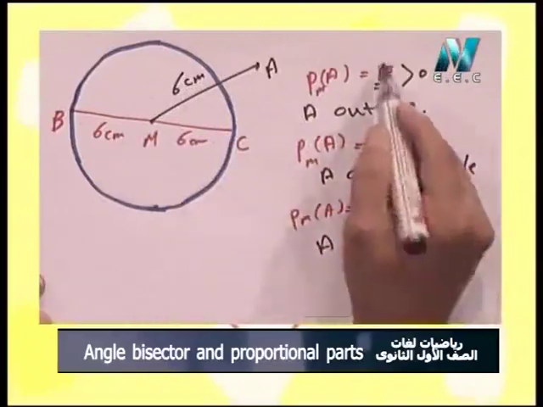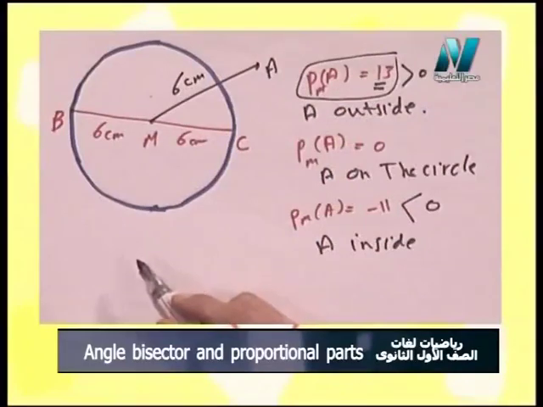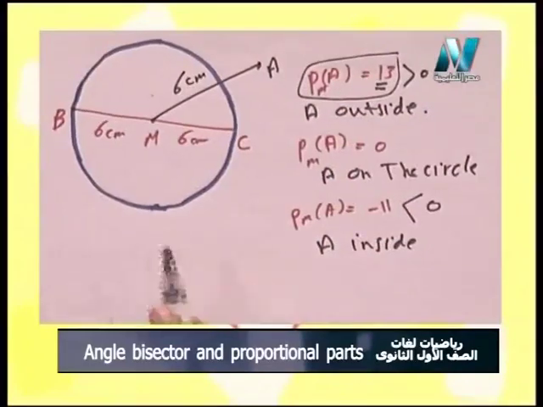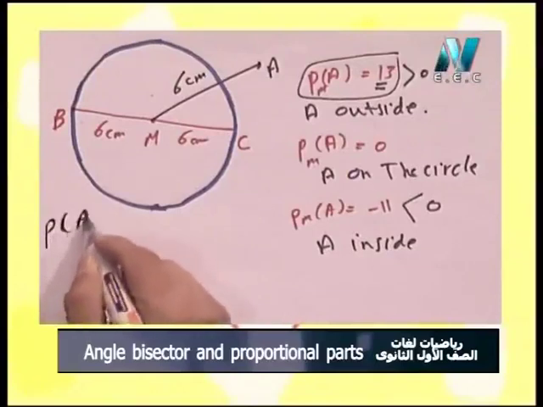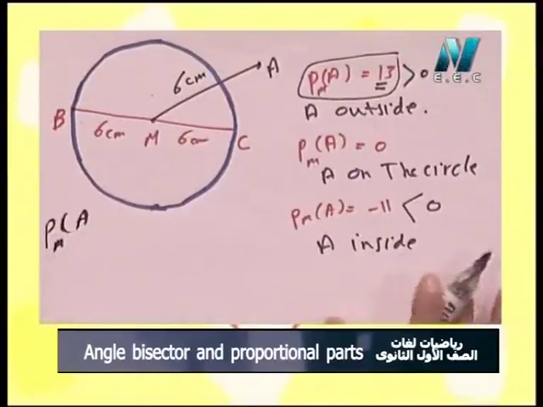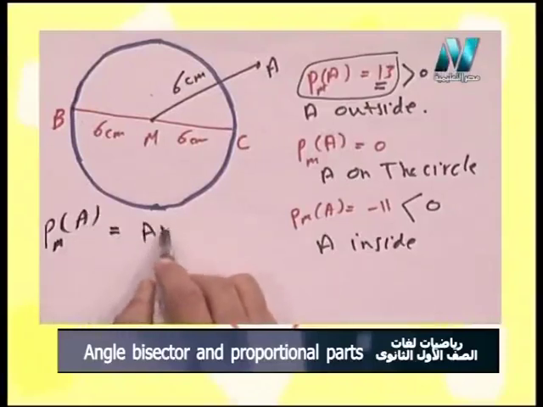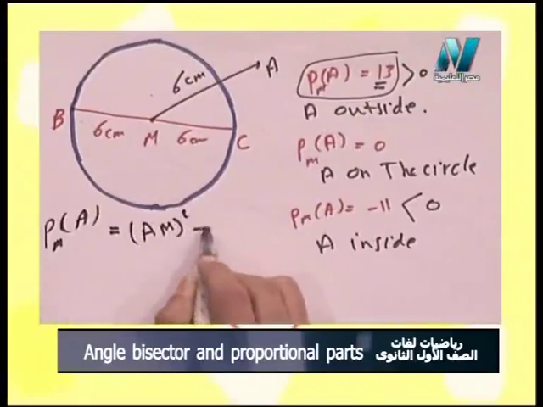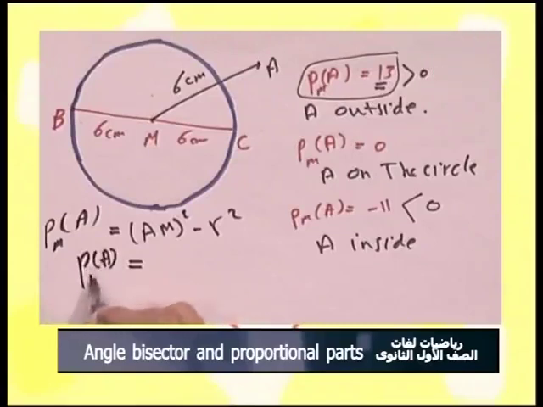We have the power of the point here equal to 13. So we will apply the rule that says that the power of the point A related to M equals AM power 2 minus R power 2. The power of the point A equals what?